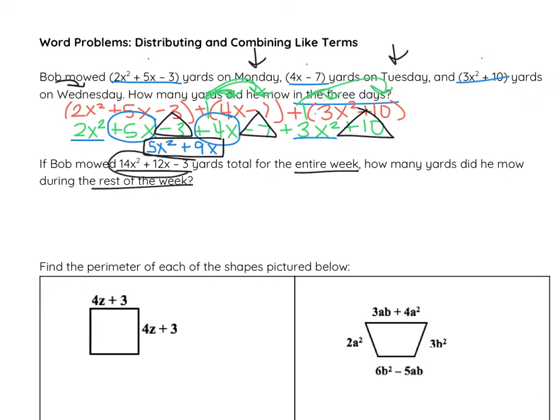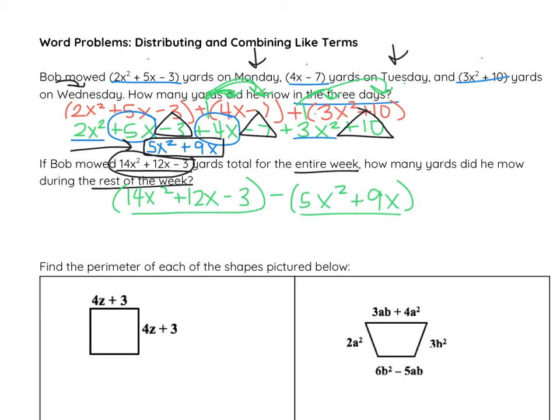So if this is the total amount, and this was the amount that he mowed on Monday, Tuesday, and Wednesday, what we would need to do is take that total amount, 14x squared plus 12x minus 3, and subtract the amount that he mowed on Monday, Tuesday, and Wednesday, which we determined from the first part was 5x squared plus 9x. So this is the total. This is how much he mowed on Monday, Tuesday, Wednesday. We want to know how much he did the rest of the week.